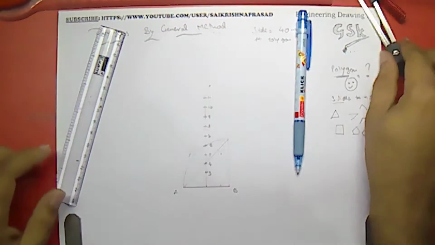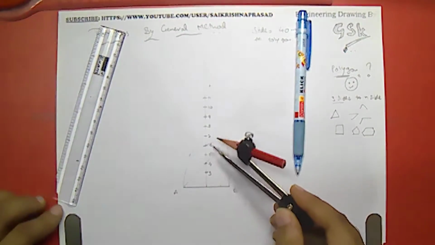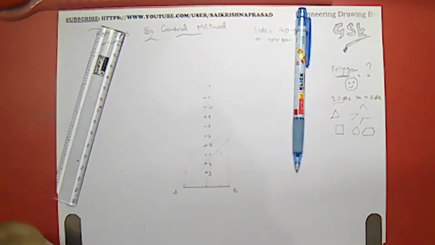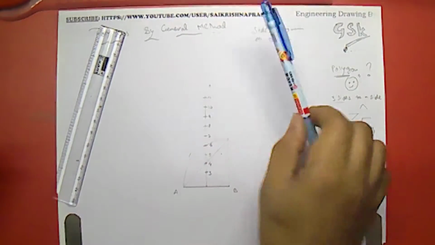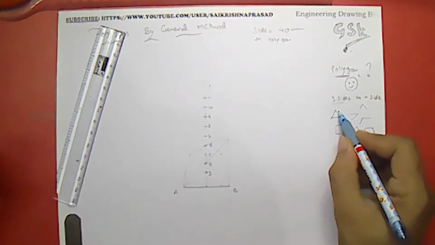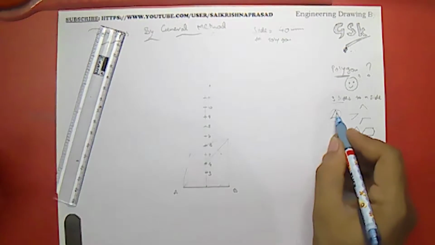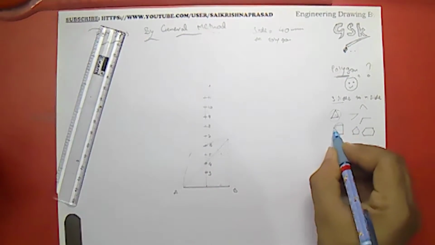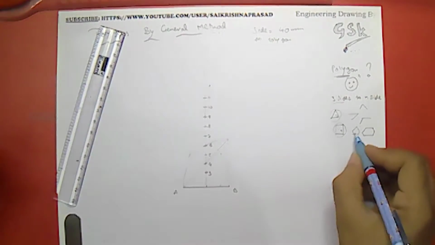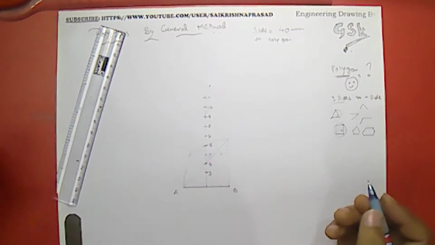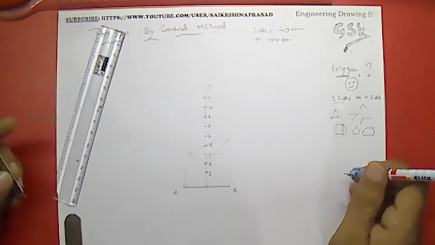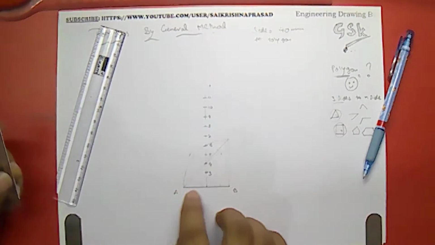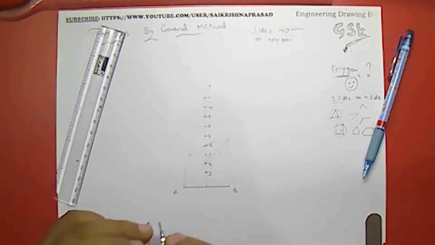Now this 3, 4, 5, 6 and so on will become the center of the figure: for the triangle, 3 is the center; for the square, 4 is the center; for the pentagon, 5 would be the center; for the hexagon, 6 would be the center, always touching A and B compulsorily.